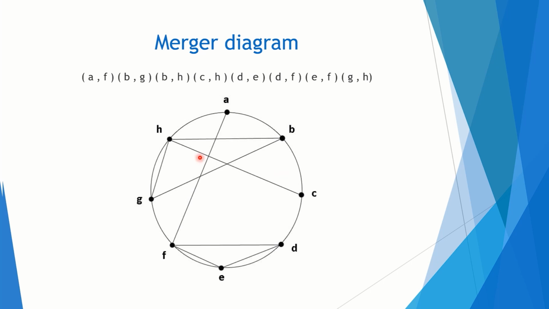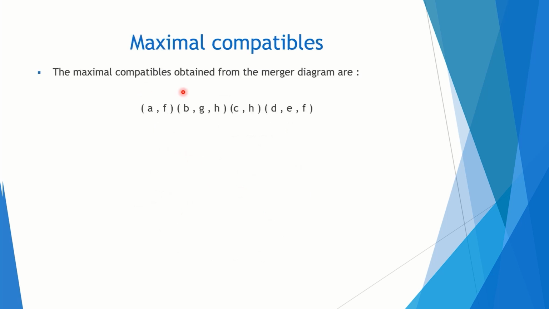So here BGH can be grouped, and then DEF can be grouped, and AF and CH. So these are the maximum compatibles obtained from the merger diagram: AF, BGH, CH and DEF.